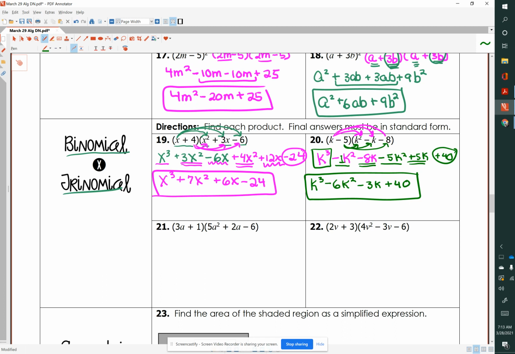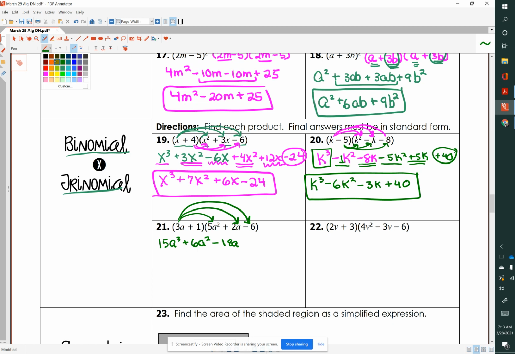Okay, number 21. So 3a times 5a squared will be 15a to the third. 3a times 2a will be positive 6a squared. 3a times negative 6, negative 18a.